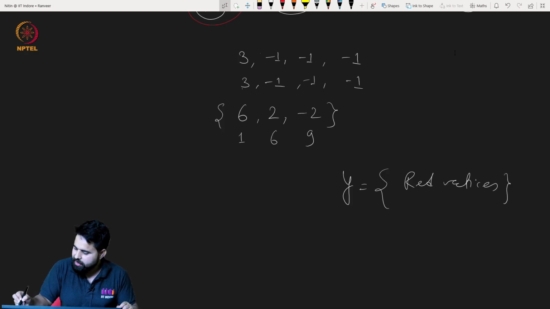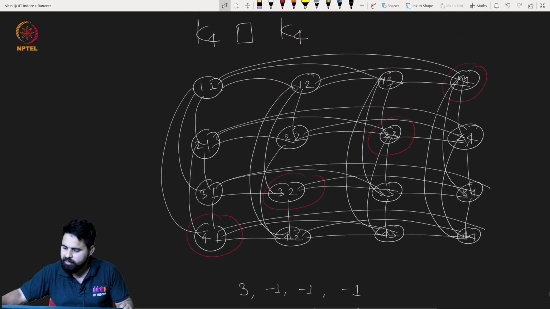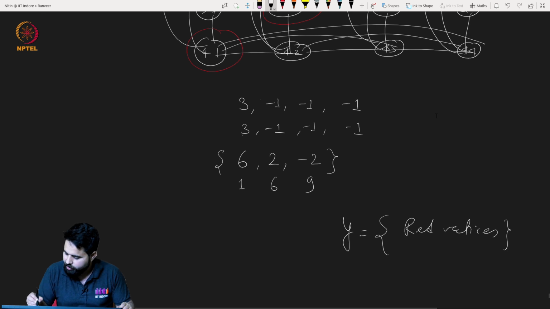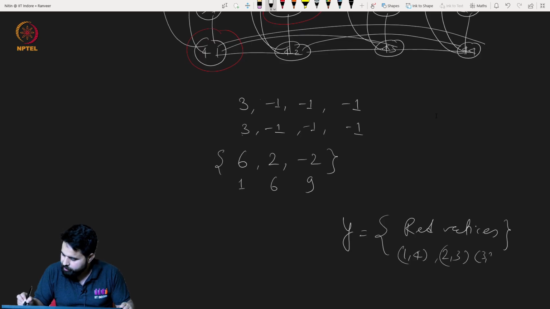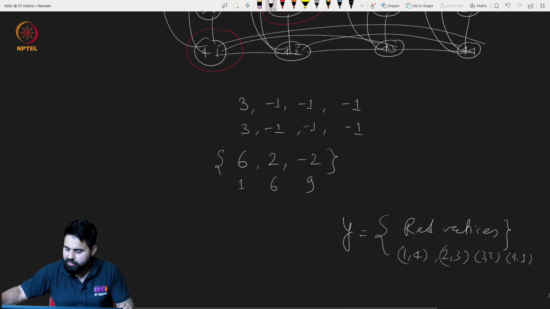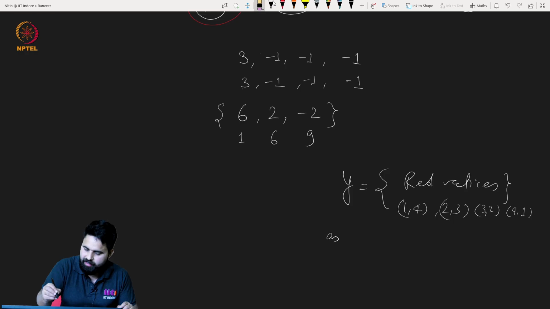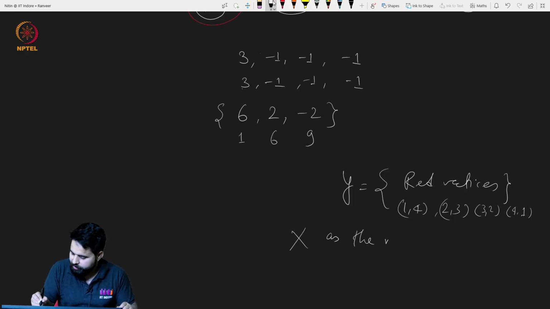These red vertices are nothing but this: 1, 4, then 2, 3, then 3, 2, then 4, 1. Very good. And x as the rest of the vertices.